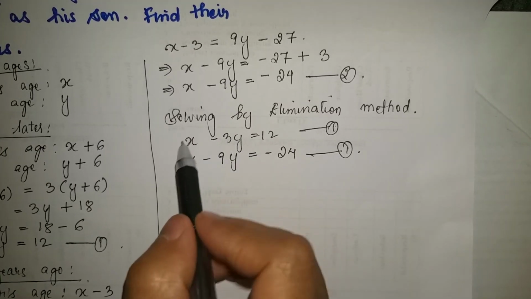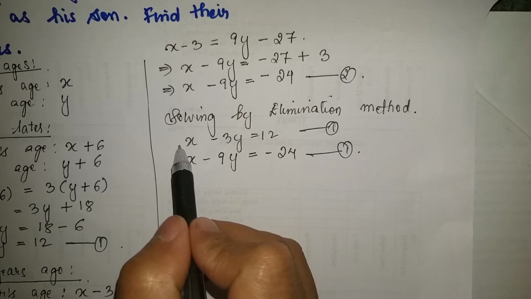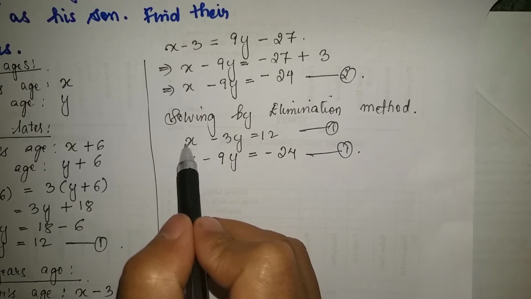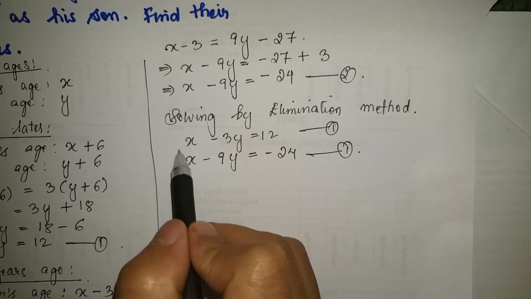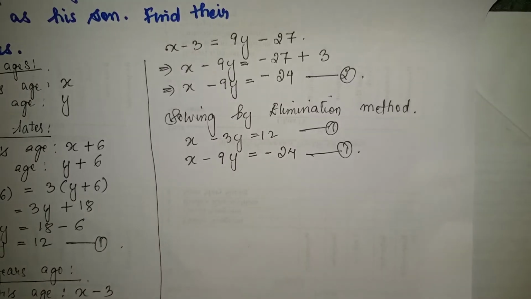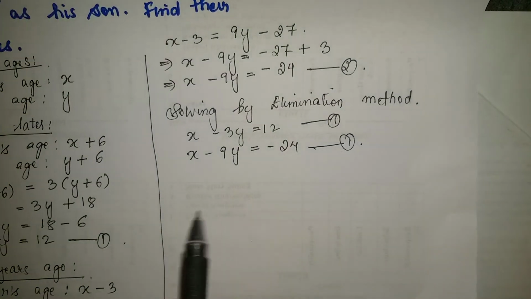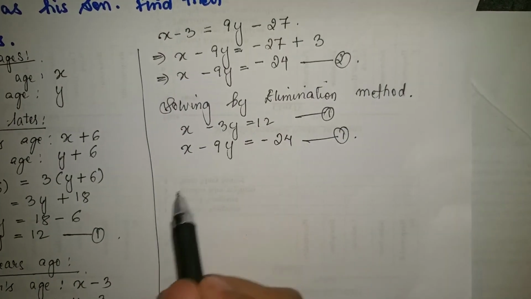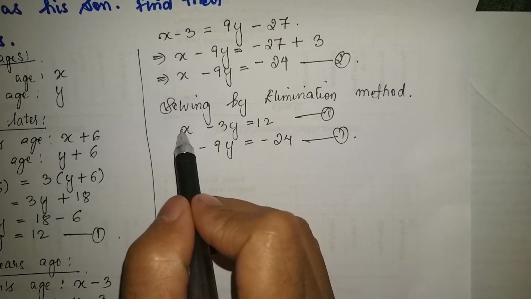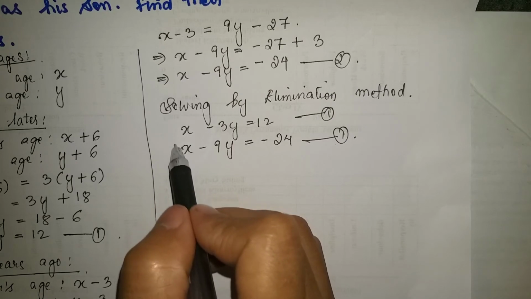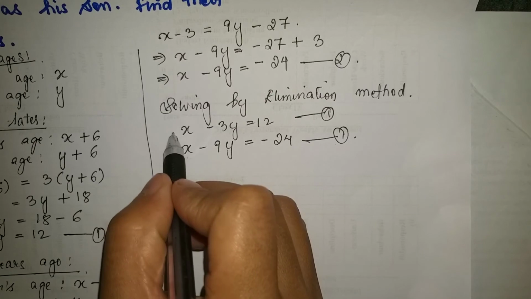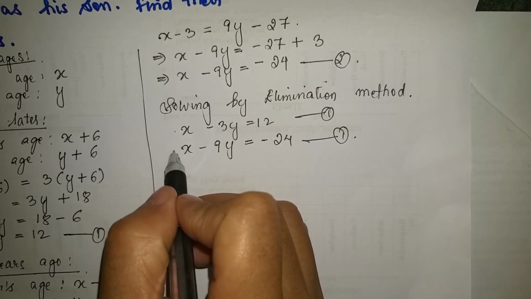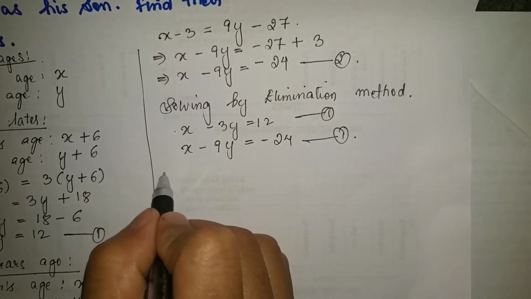Similarly, if I want to eliminate x, I have to make the coefficients of x in both the equations numerically equal. Here the coefficients of x are already numerically equal, and the sign is plus in both.